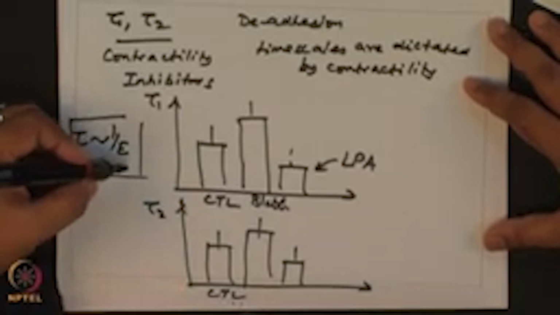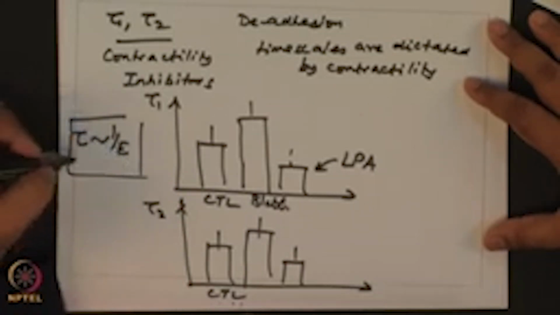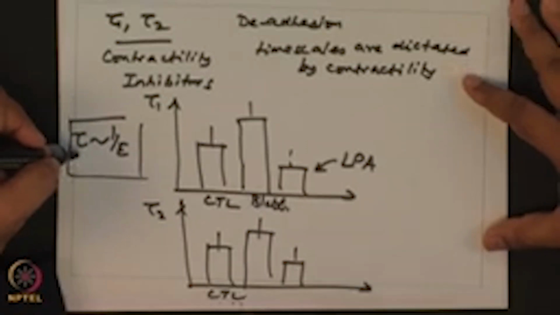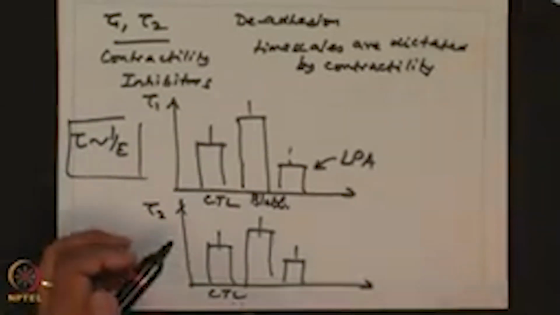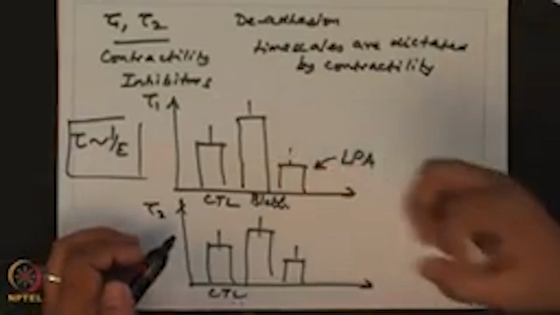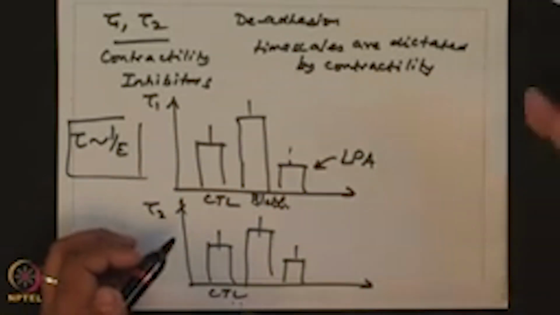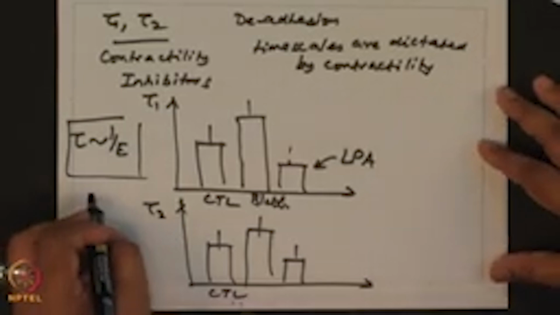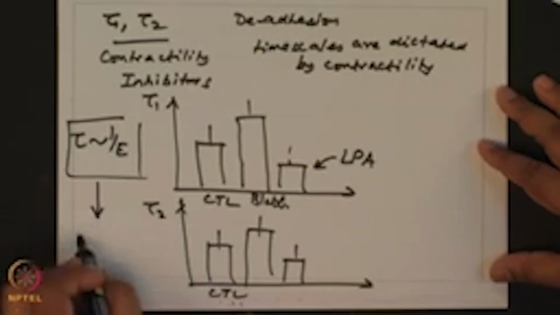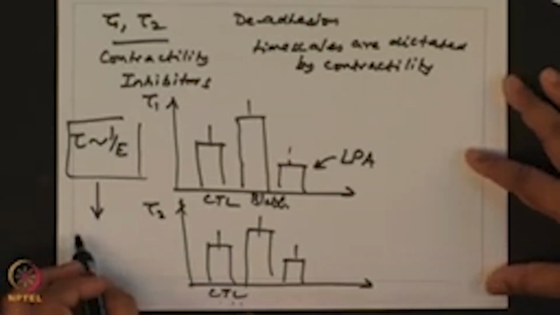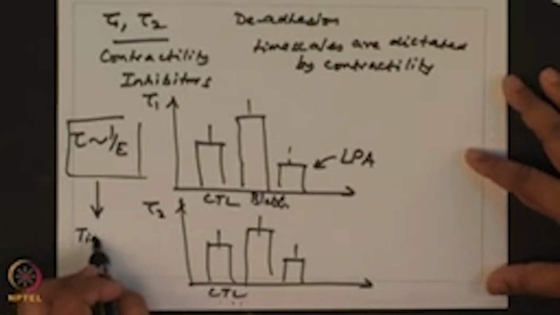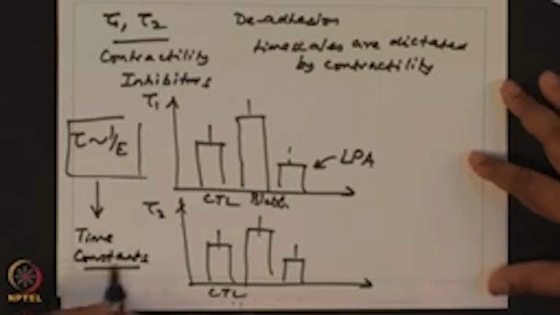So, for a cell which is stiffer and more contractile, its de-adhesion time scale will be lower. This is a very simple assay based on which you can estimate contractility. One of the caveats is you are estimating contractility indirectly in terms of time constants and not in terms of the actual amount of forces exerted by the cells.